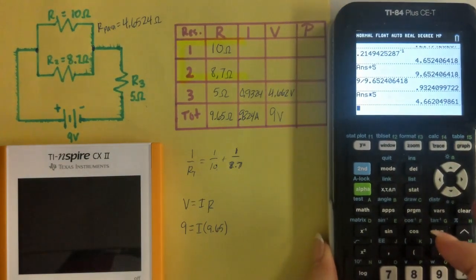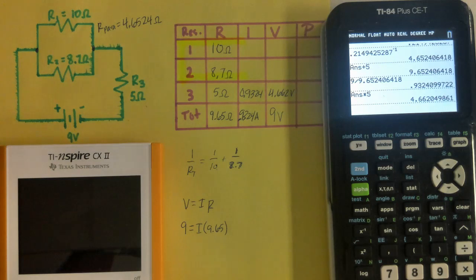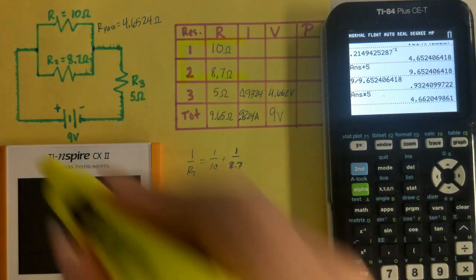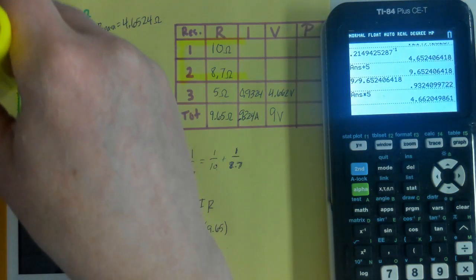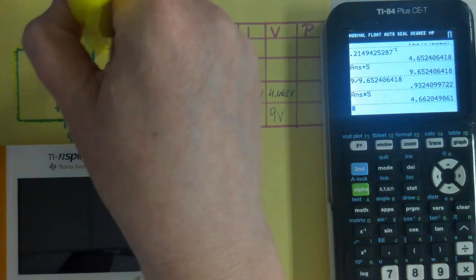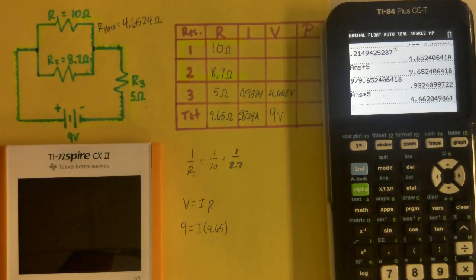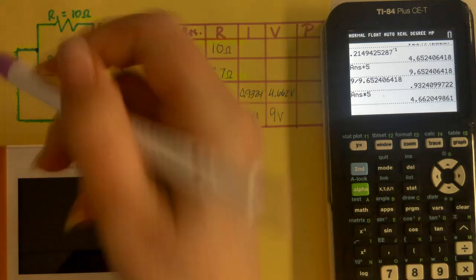I also know that the voltage drops along a loop will add up to the battery. This particular circuit has 2 loops. Some of my charges as they flow through this circuit are going to follow this path like this. And other ones are going to follow the other path that we see here, and they're going to do this.